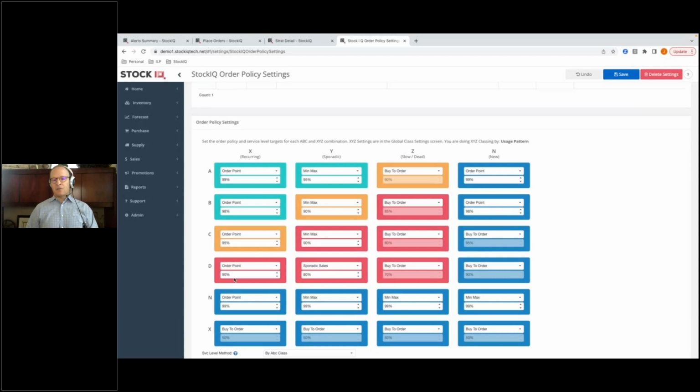A 98% service level would equate to being out of stock once per year. So this is how we begin thinking about and associating our service objective with the importance of the item that we just evaluated. Again, a really, really important concept that we're introducing in here.